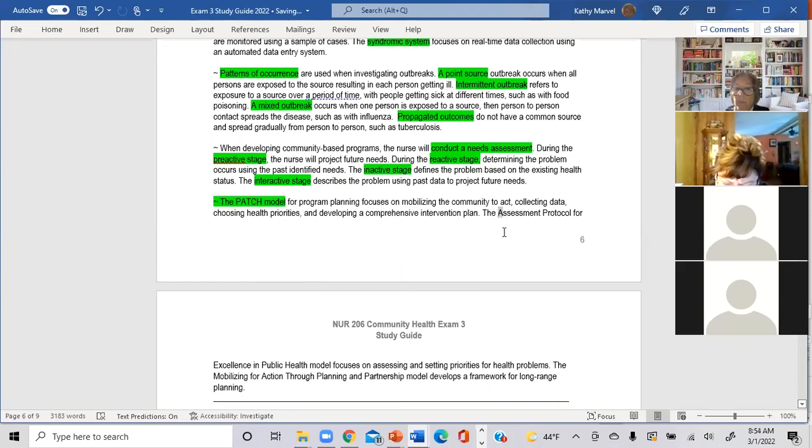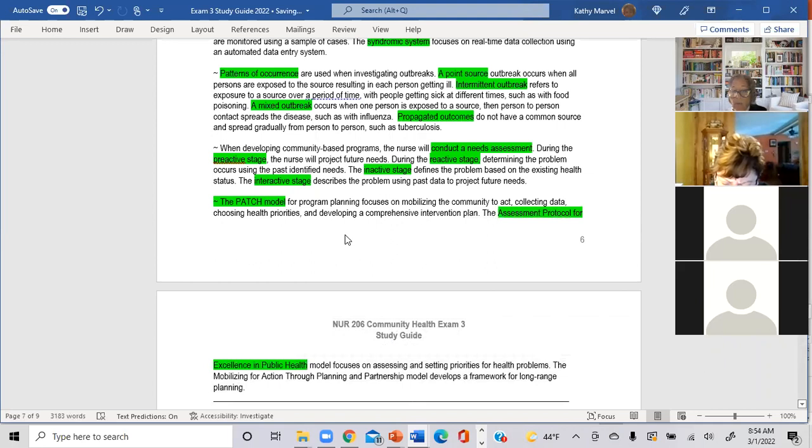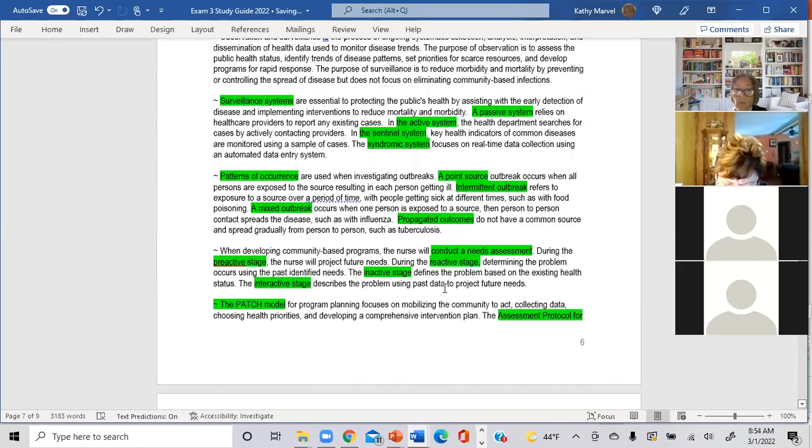And then the second one is the assessment protocol for excellence in public health. These are models for surveillance. And then we have the MAPP, which is mobilizing for action through planning and partnership. And this focuses on long-range planning. So a lot of definitions here.